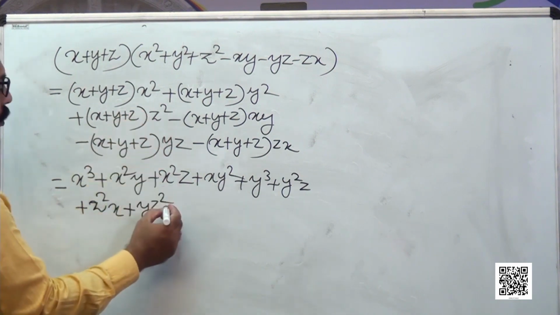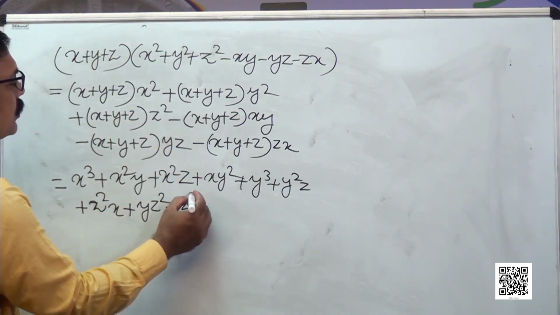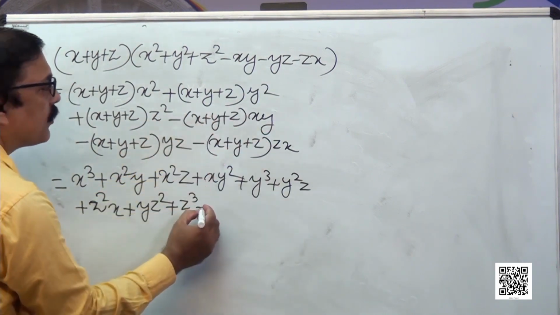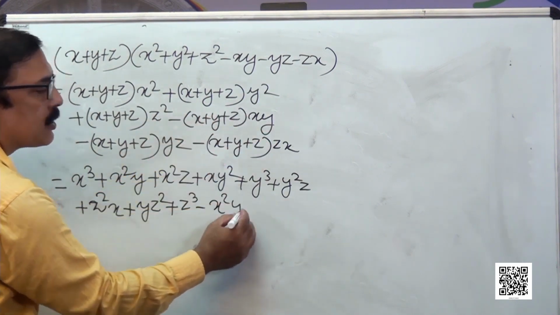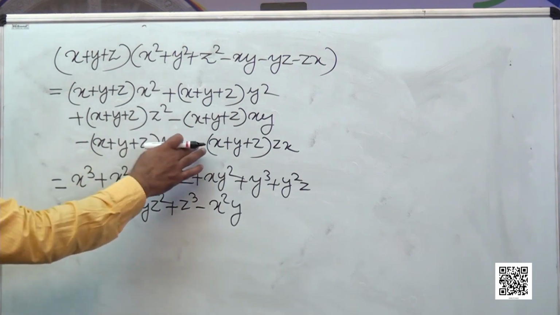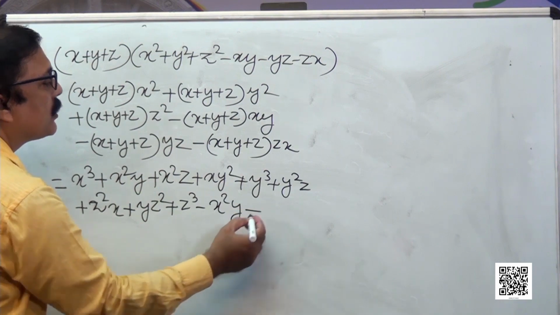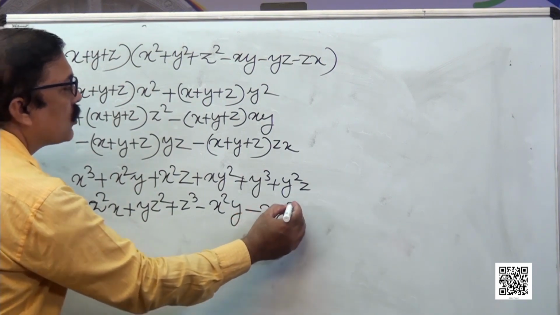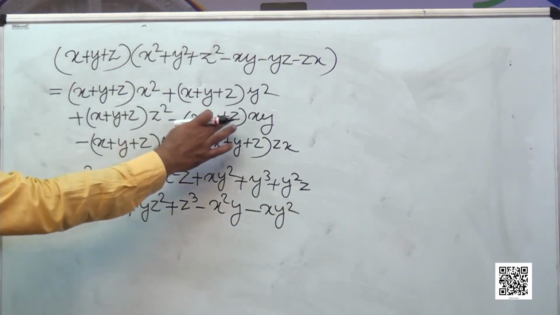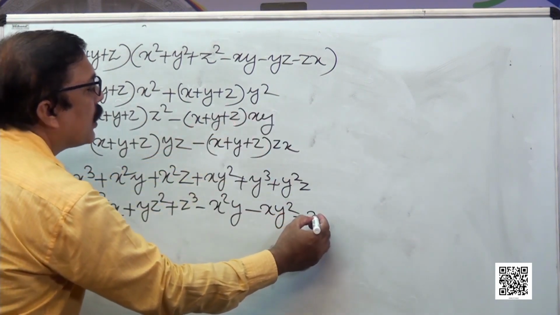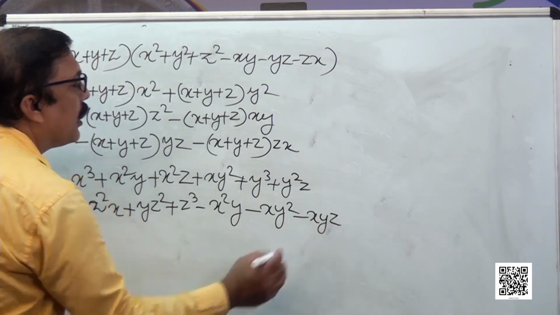z into z square gives z cube, minus x into xy gives minus x square y, minus y into xy gives minus xy square, minus z into xy gives minus xyz.